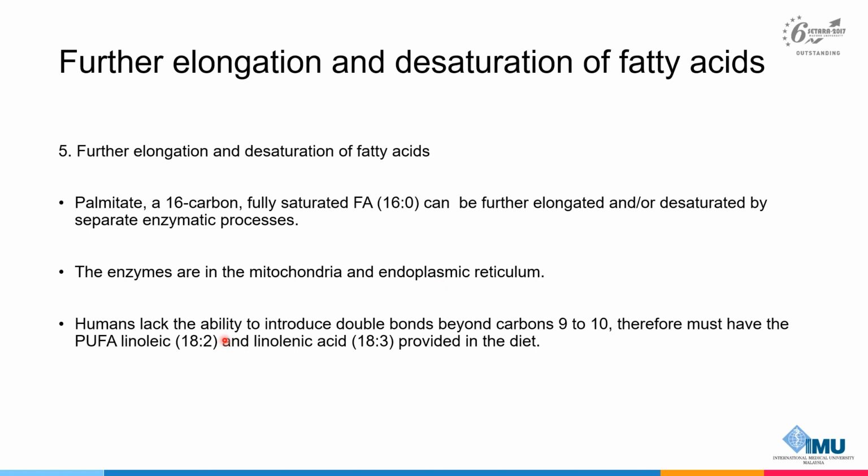Here's to draw your attention: humans cannot introduce double bonds to the chain beyond carbon 9 to 10. That's the reason why we need to consume polyunsaturated fatty acids, which come from the diet, as they have double bonds beyond carbon 9 and 10 that the fatty acid chains we form in our body do not.